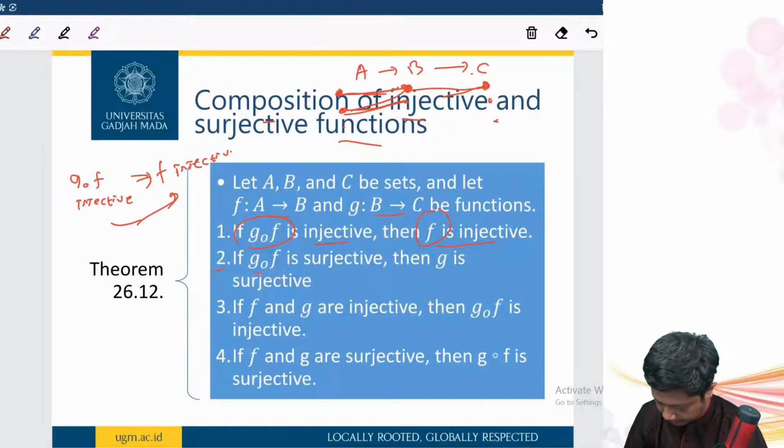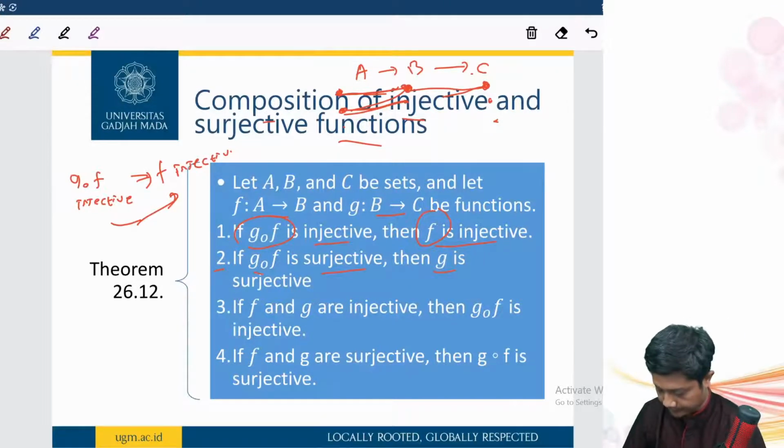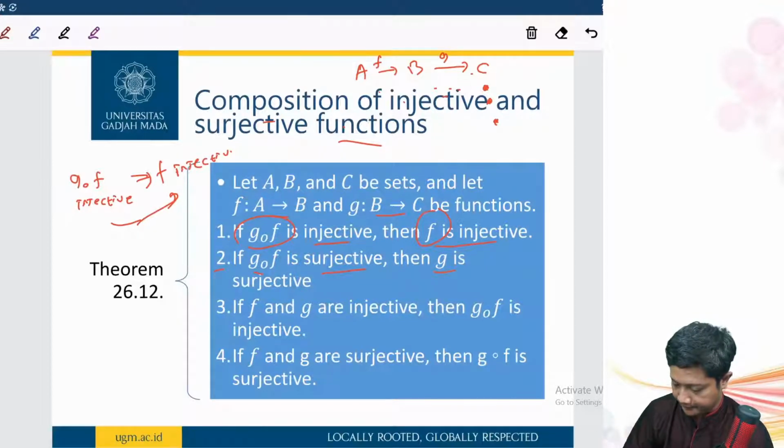Next, if G∘F is surjective, then G should be surjective. Why? Because again, we have F, then G. If G is not surjective, and G∘F is surjective, then every object in C has something from A, right?